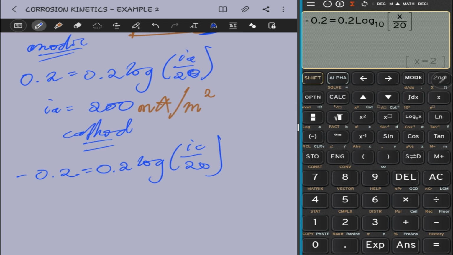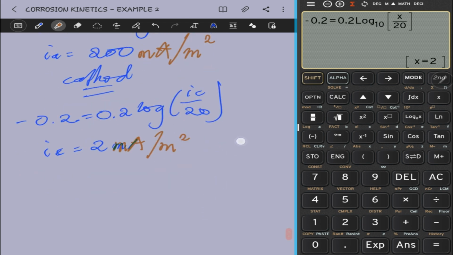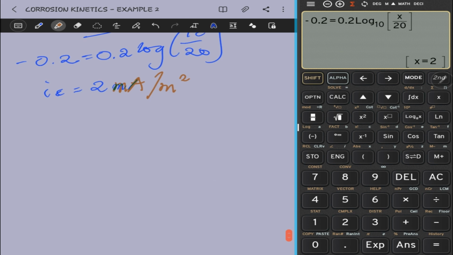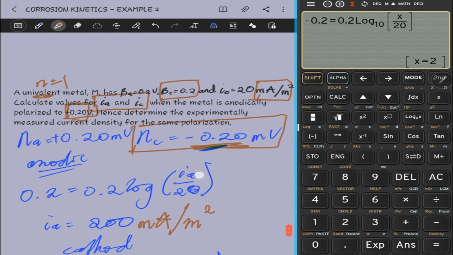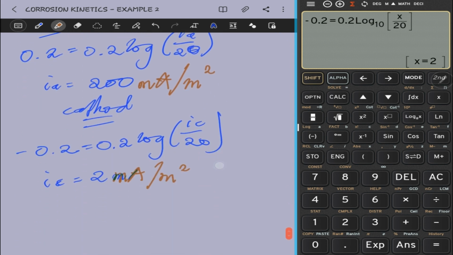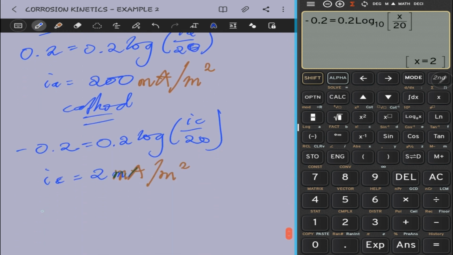So that gives us the cathodic current density of 2 milliamperes per meter squared. So it says we should find the experimentally measured current density, which is basically the net, or measured, current density.